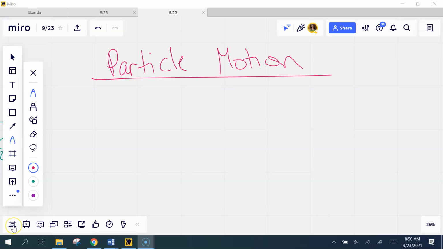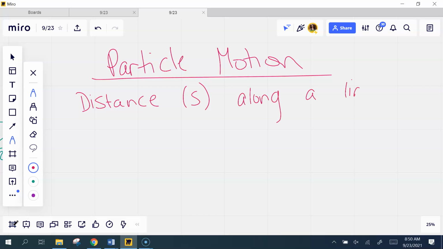Particle motion. So we are talking about distance that we are going to call S along a line. If you see S of t, you know you're talking about position all the time, along a line from some point of origin.